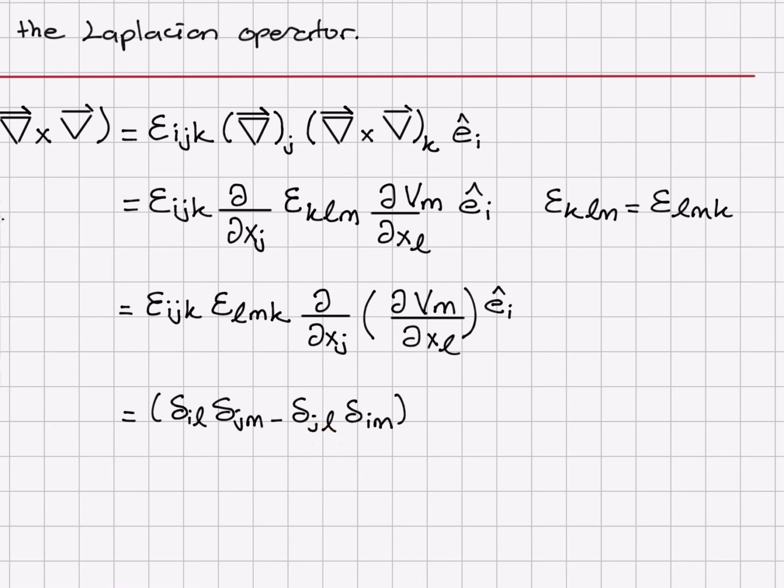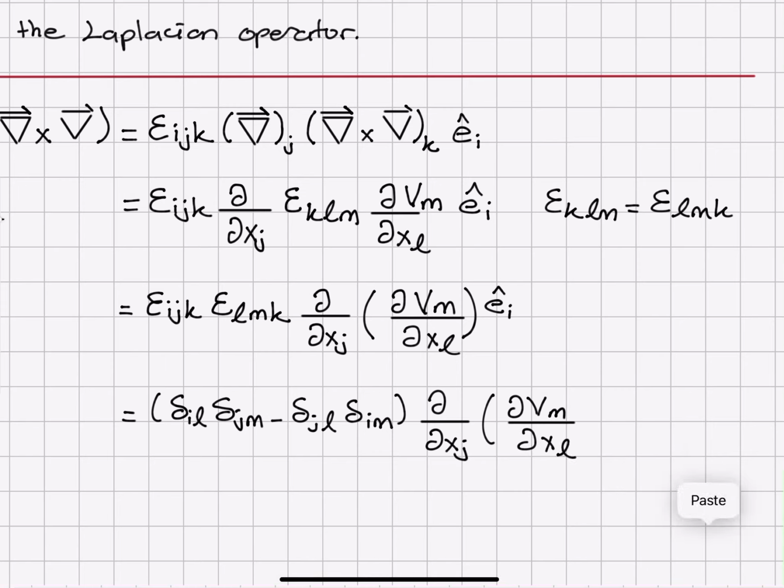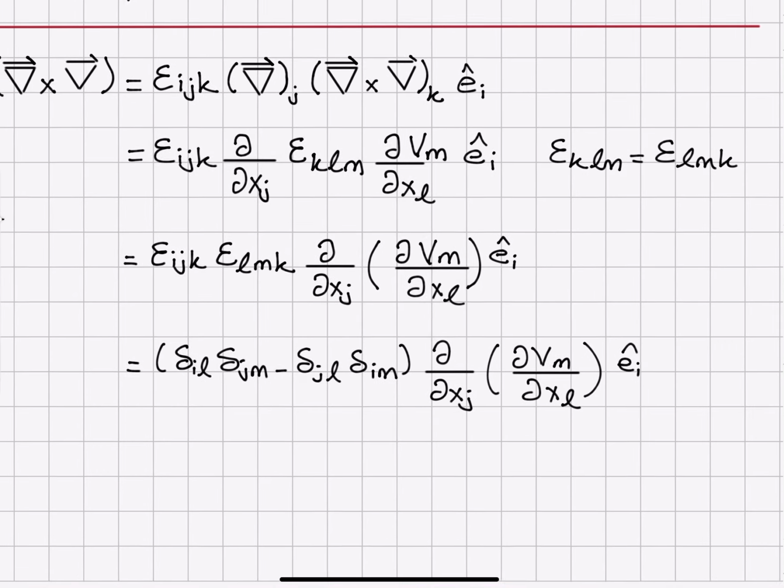Multiplied by del xj, and then we have del of Vm, vector field m component, partial derivative with respect to xl in ei hat direction.